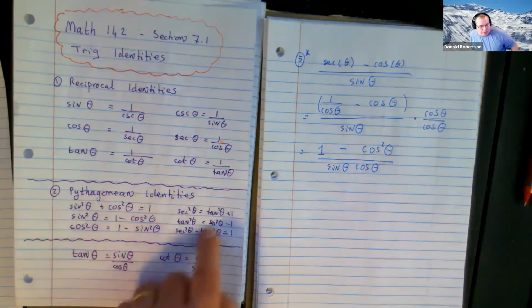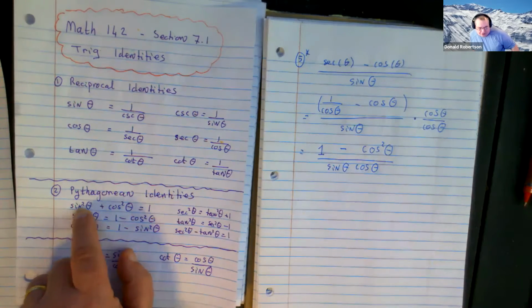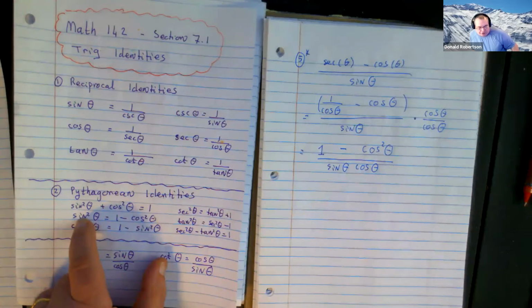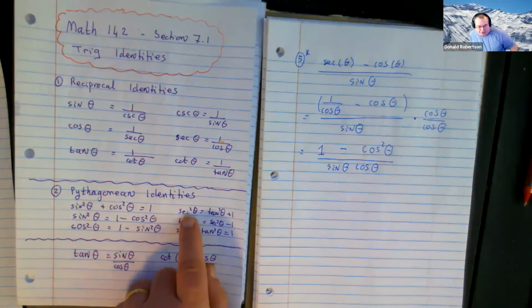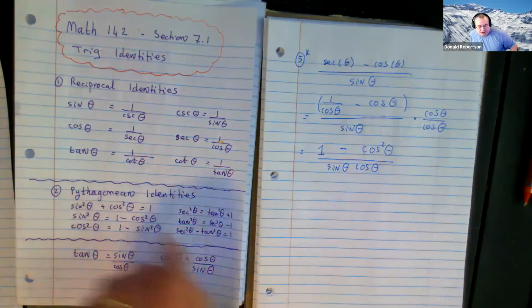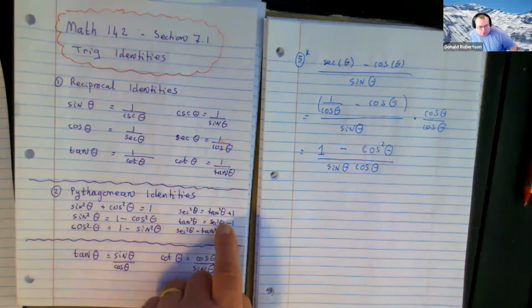And these ones here are all called the Pythagorean identities. That's the one you know, right? Sine squared plus cos squared equals 1. But if you rearrange it, you can turn sine squared into this. You can get cos squared out of that. And there's another one here with secants and tans. These are called Pythagorean identities, I think, because they come from special versions of right angled triangles.